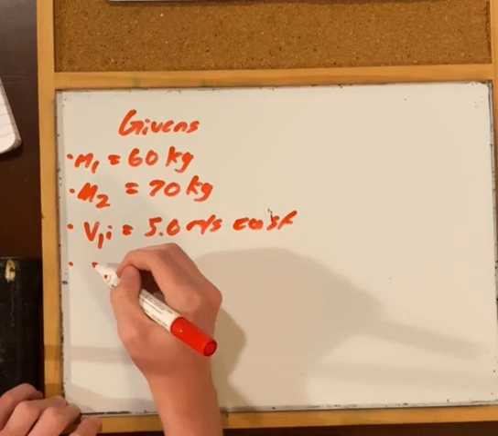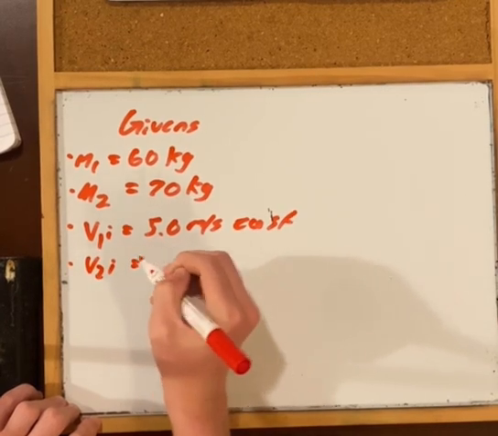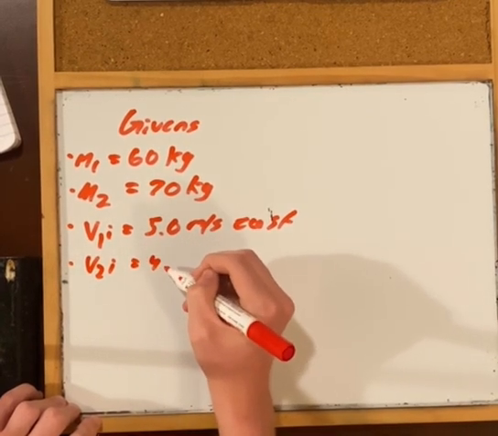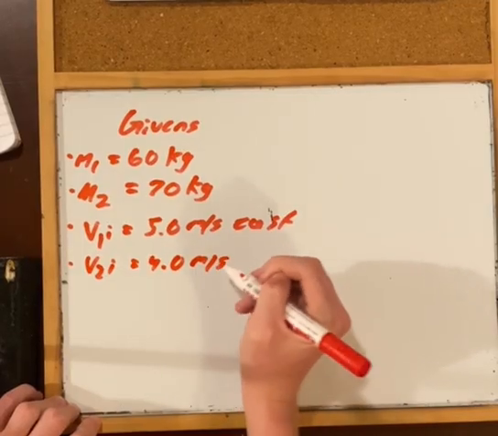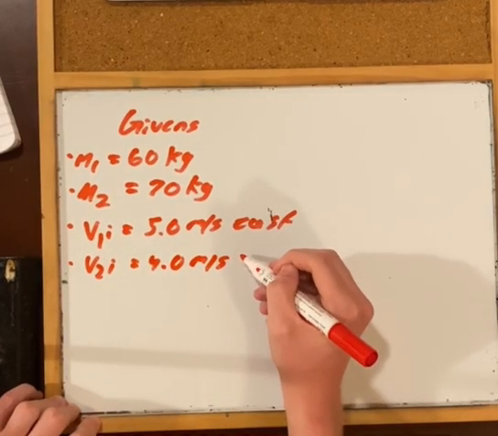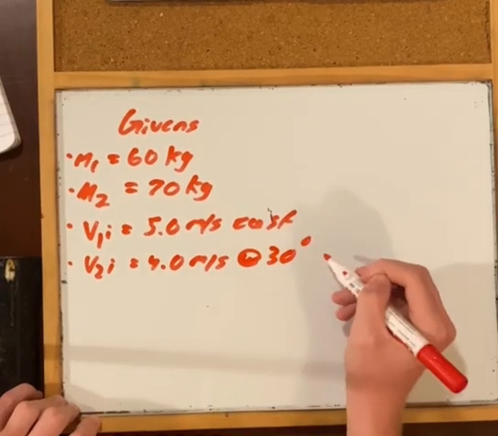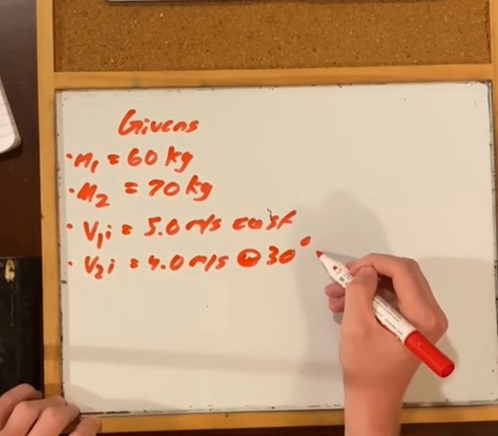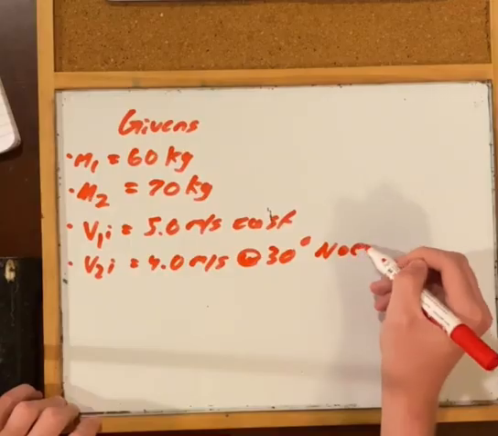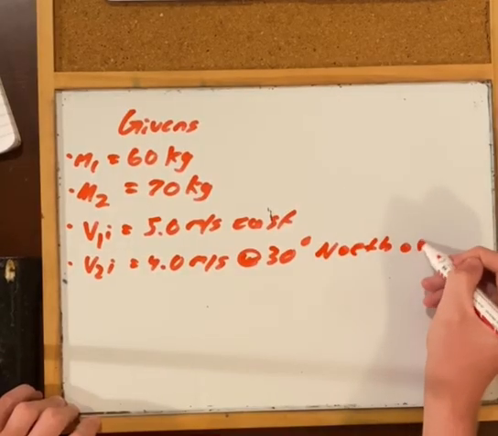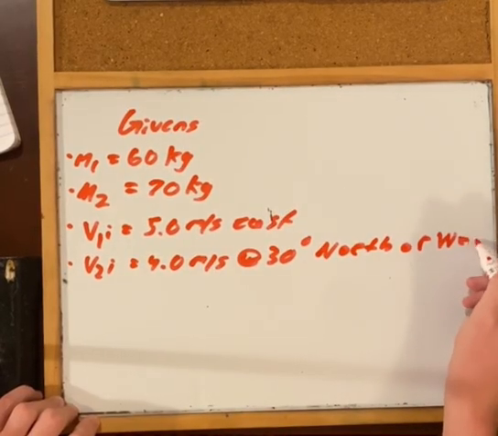And then initial velocity 2, which is 4 meters per second at 30 degrees north of west.